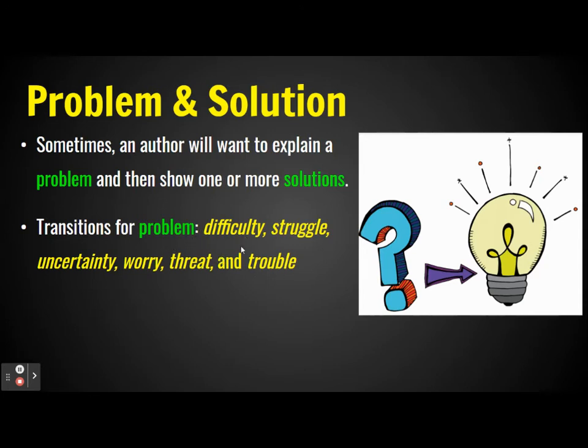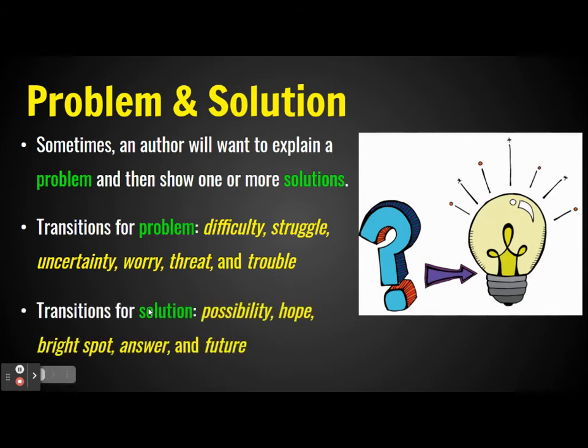So if you see the words difficulty, struggle, uncertainty, worry, threat, and trouble, you know all of those words have to do with a problem. These are all associated with ideas of problems. And then you might see some transition words for solution: possibility, hope, bright spot, answer, and future.